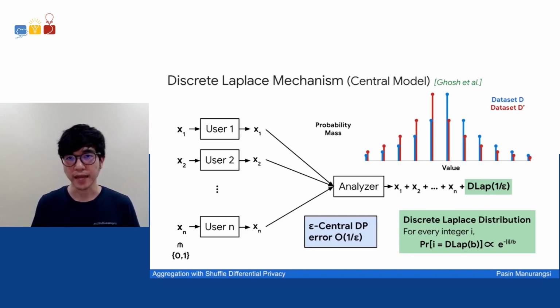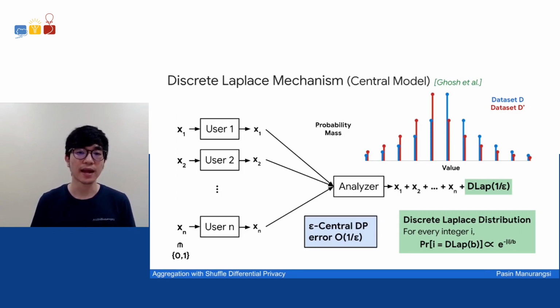So far this is great, except that the central model also has its own downside. And what is that? As you can see in this protocol, each user i sends its own input to the analyzer. And here, if the analyzer is trusted, or if the xi is not particularly sensitive, then that might be fine.